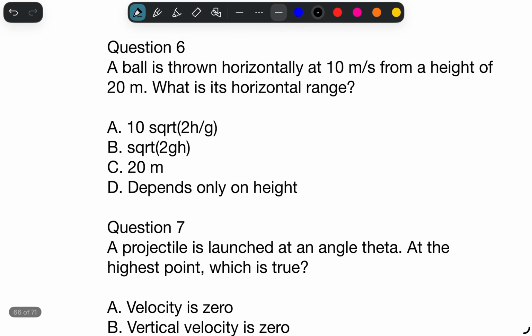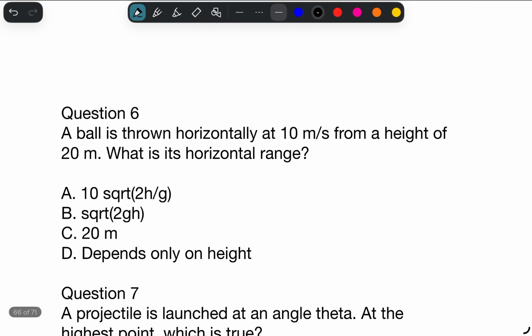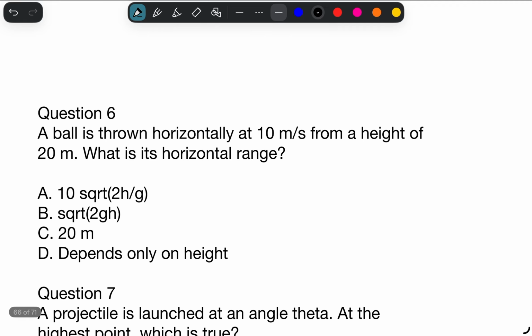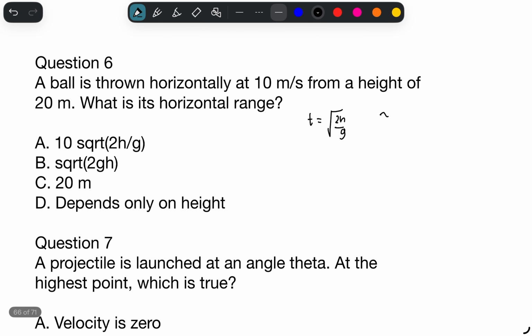Now for our next question, a ball is thrown horizontally at 10 meters per second from a height of 20 meters. What is the horizontal range? Well, we know that time is equal to the root of 2h over g. Our horizontal distance is x is equal to vxt, x is equal to 10, which is our horizontal velocity here, times time.